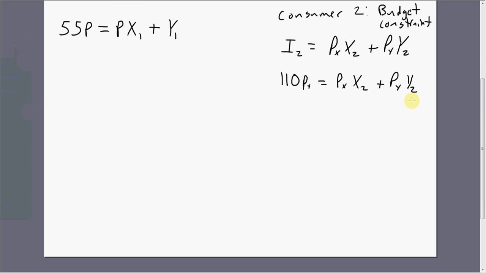And let's do what we did before. Let's divide through, but this time let's divide through by the price of good X. And since we defined the price of good X divided by the price of good Y as P, we just got 1 over P here.